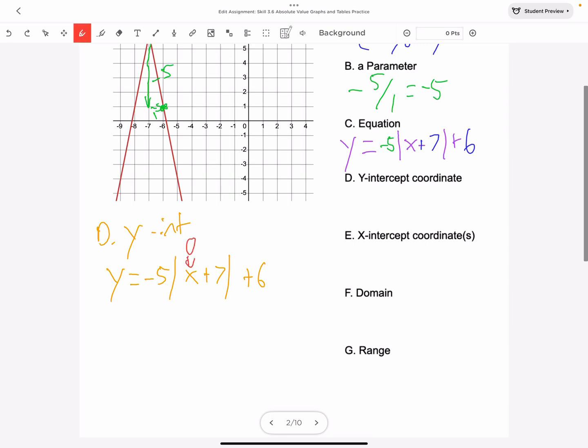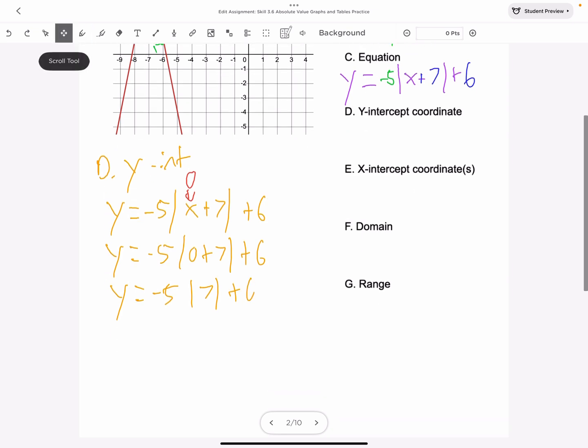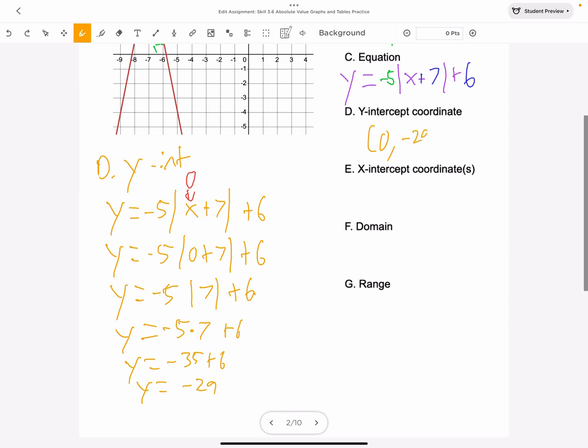And so I get y is equal to -5 times the absolute value of 0 plus 7, plus 6, which is -5 times the absolute value of 7, plus 6. The absolute value of 7 is 7, so y is equal to -5 times 7 plus 6. Y is equal to -35 plus 6. Y is equal to -29. So it is (0, -29).